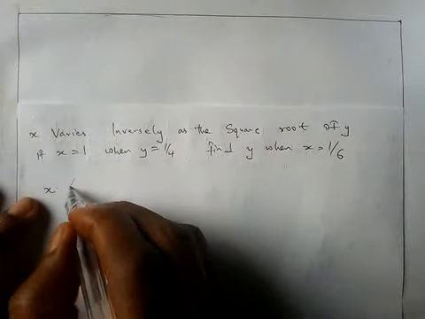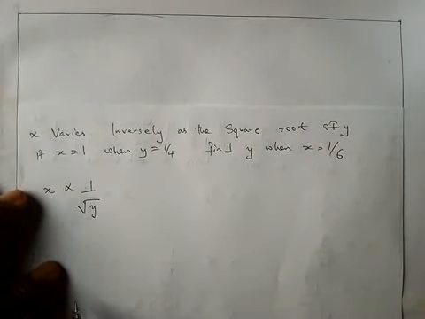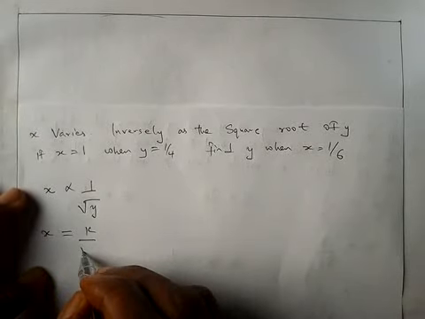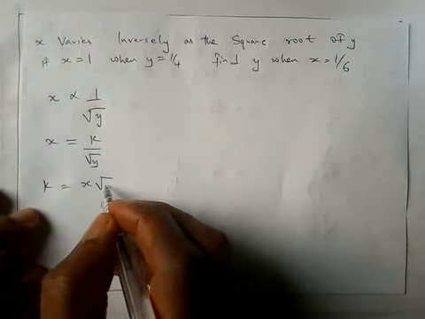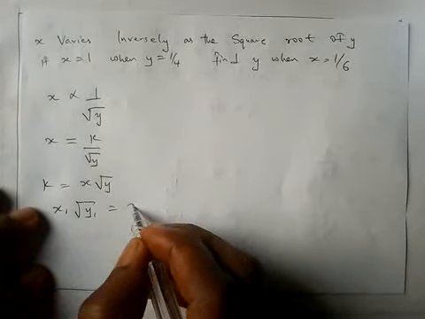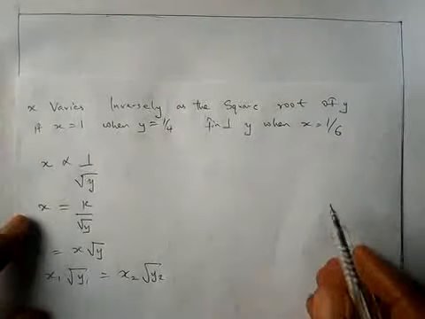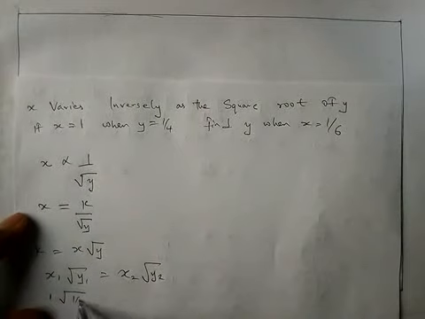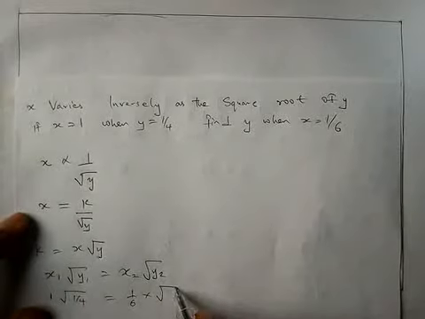So s varies inversely as the square root of y, meaning that s is equal to k over root y. So what is k? K is equal to s root y, meaning that s1 root y1 is equal to s2 root y2. So when s is 1, y is 1 over 4. We are to find y when s is 1 over 6.